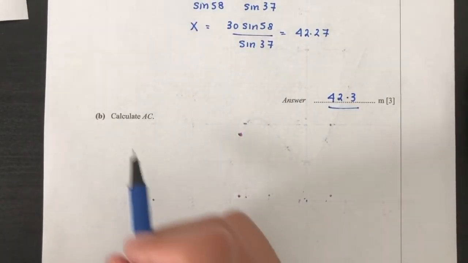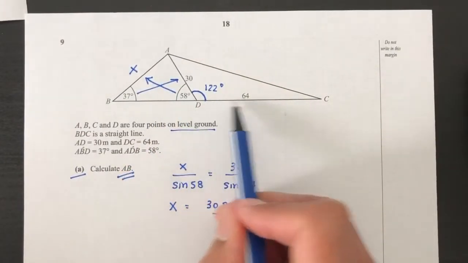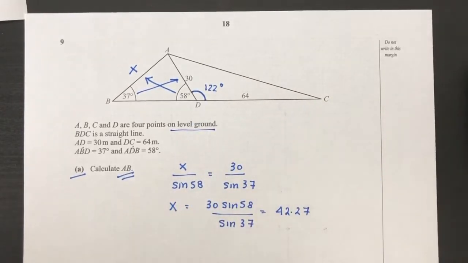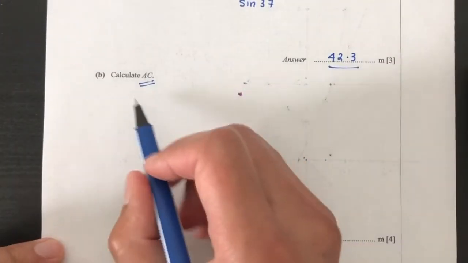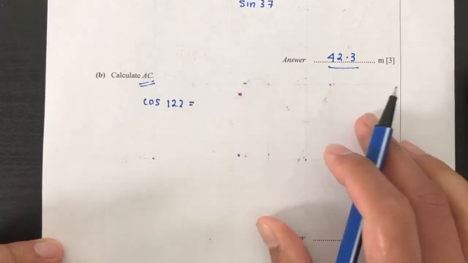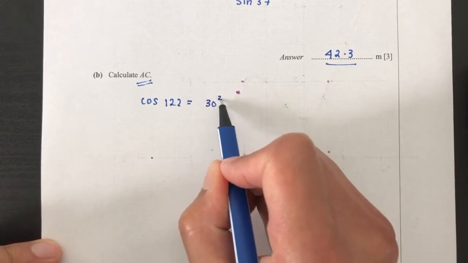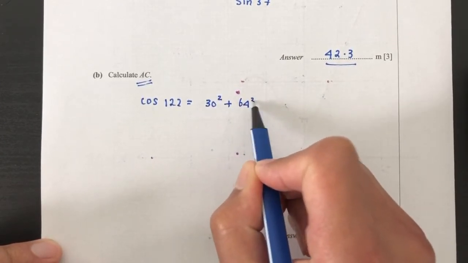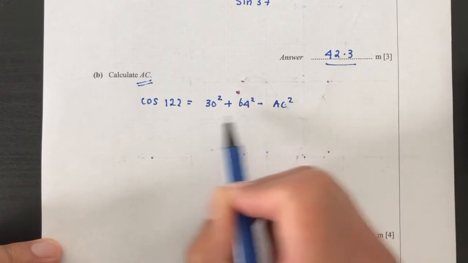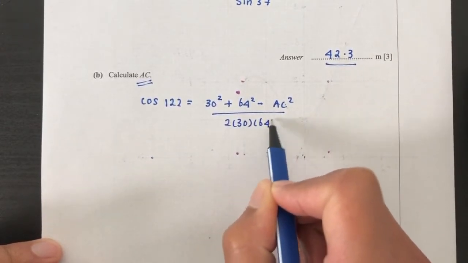Now for part B, calculate AC. AC will be this side. Since we have these two sides and the angle in between, we can use the cosine rule. Cosine rule is pretty easy. Cos of the angle in between, which is 122, equals 30 square plus 64 square minus AC square, divided by 2 times 30 times 64.